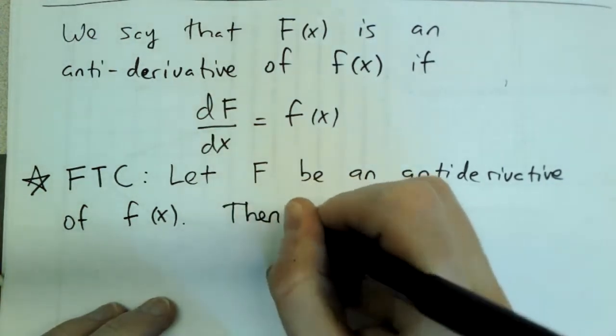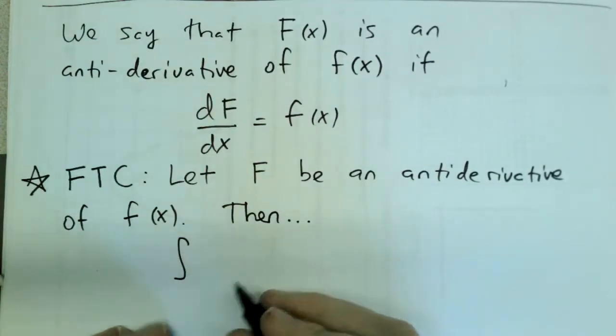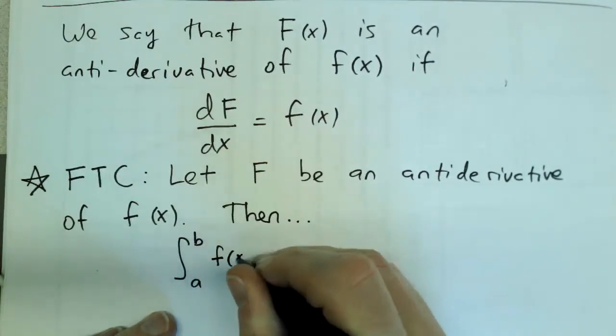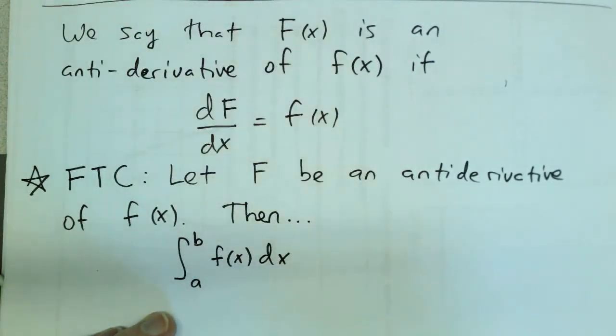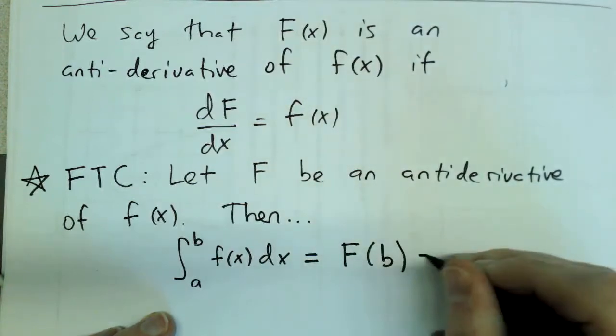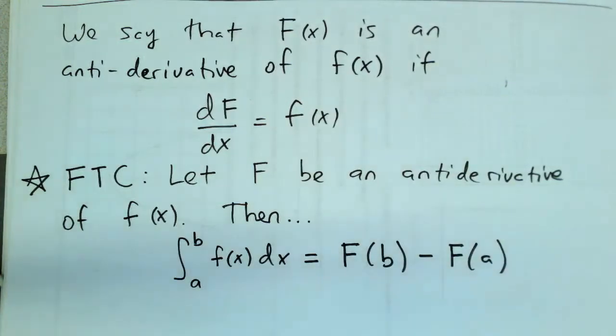Then the integral from a to b of little f dx is equal to capital F of b minus capital F of a. That's it. That's the theorem.